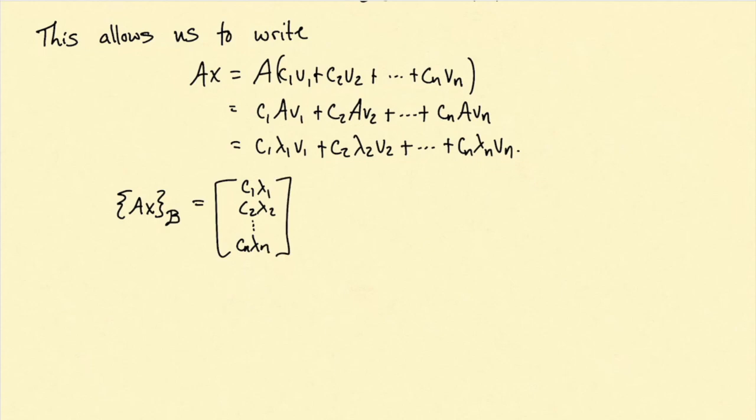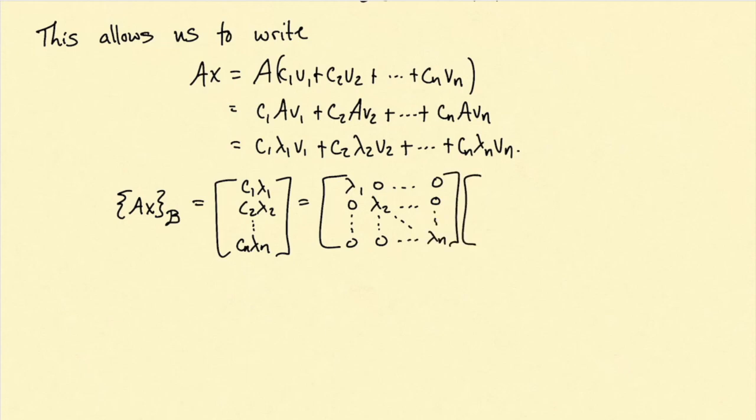And we can think about this as the result of a diagonal matrix with the lambdas down the diagonal, multiplying the vector with entries c1, c2 down to cn.